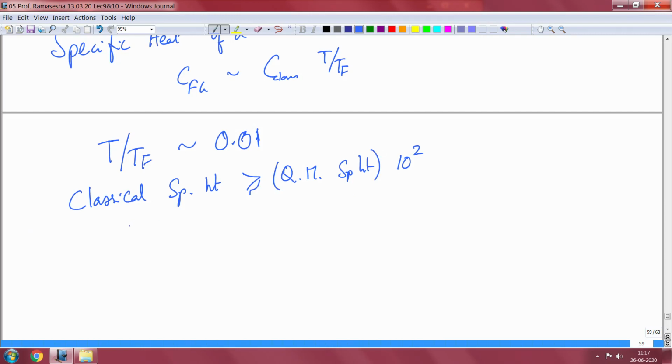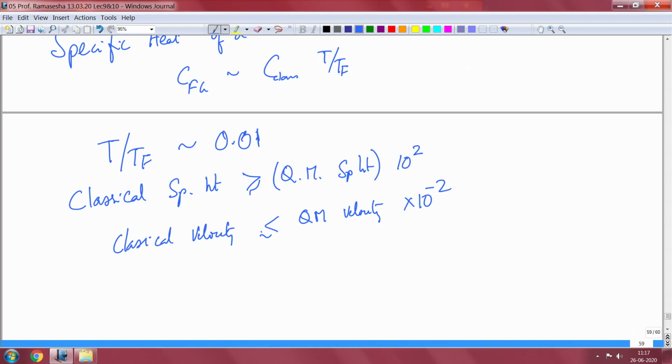And the classical velocity is less than the quantum mechanical velocity by 10 to the minus 2.